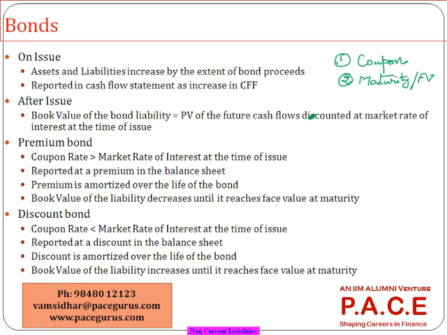And the money which the company is getting, that 95, goes into cash flow from financing activities. Whatever it has received, because it's a part of non-current liability, the cash flow statement wise, it goes into cash flow from financing activities. So those are the entries on the date of issue.